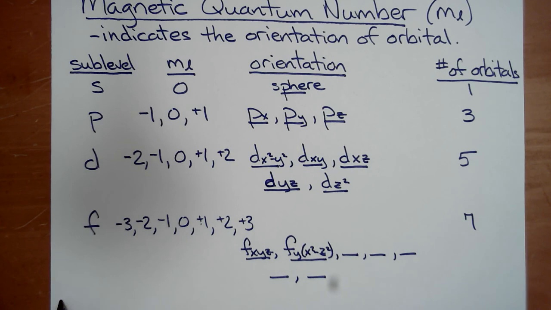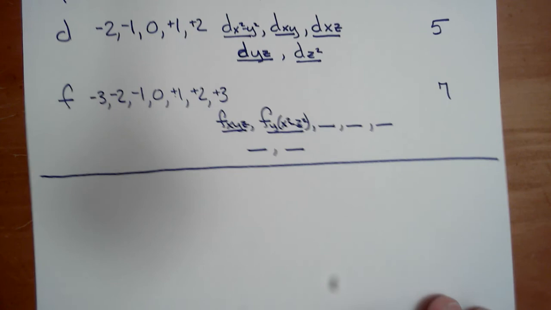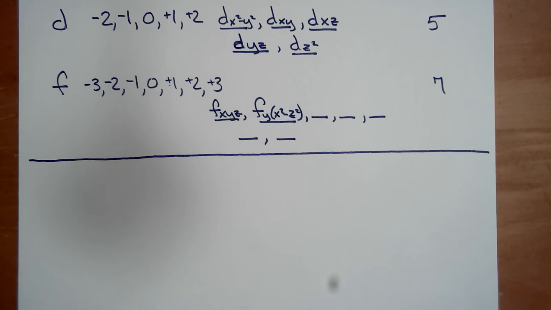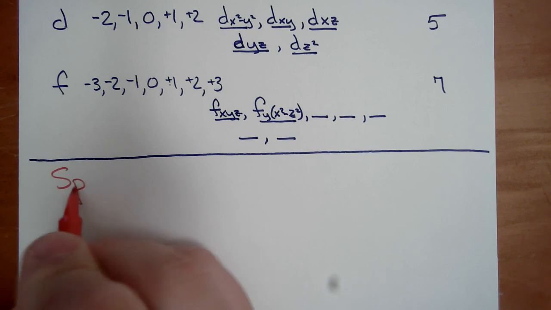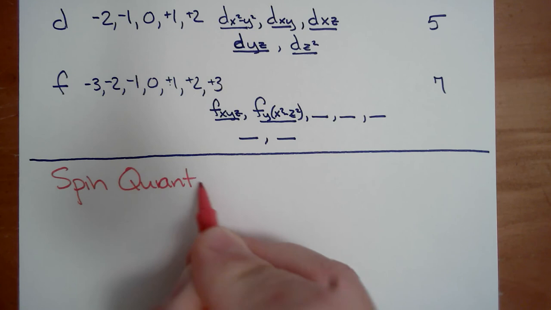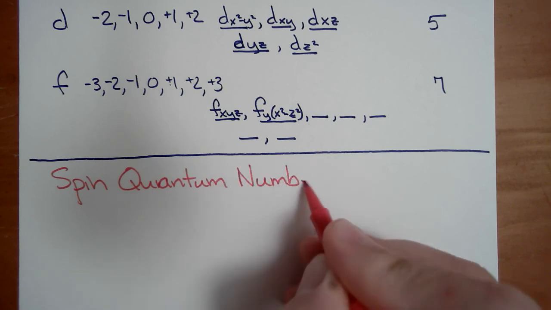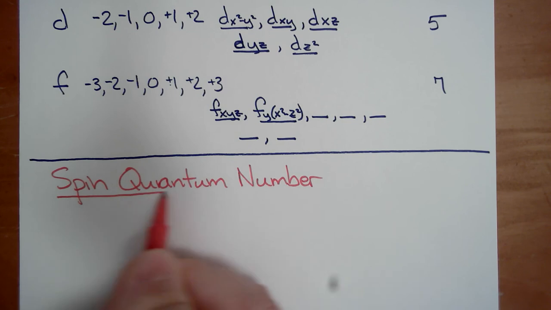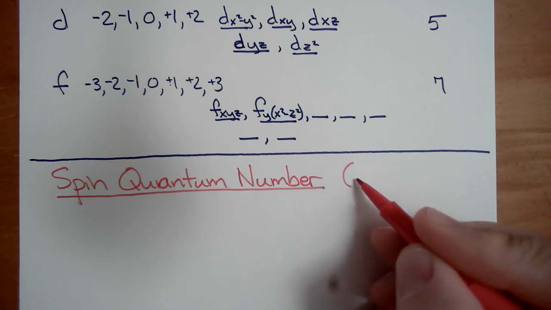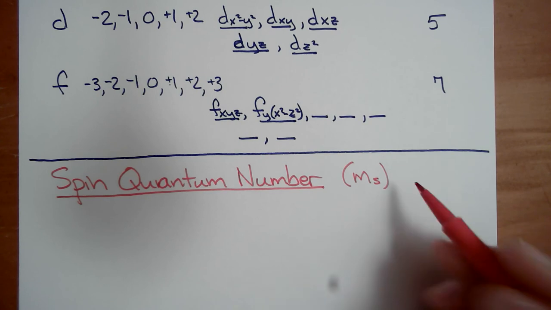And the last quantum number we need to look at is the spin quantum number. It's represented with an m sub s. Okay, so it's a magnetic spin.